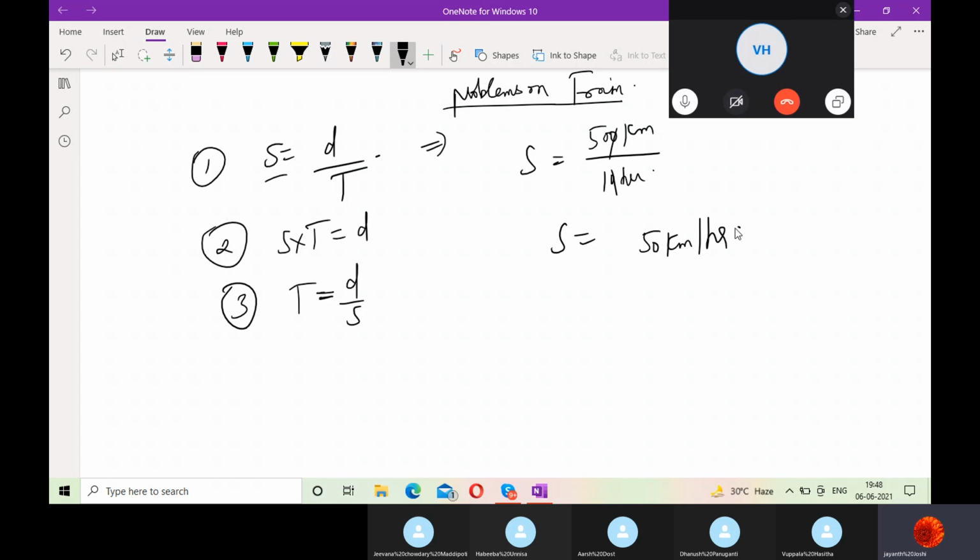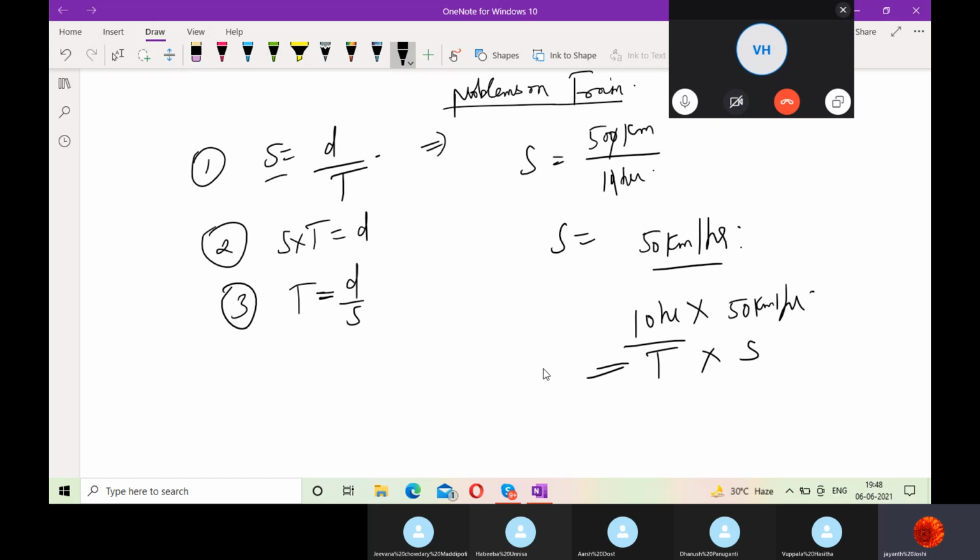50 kilometers per hour. How did you get this 50 kilometers per hour? If it takes me 10 hours to reach some destination, and I'm going with the speed of 50 kilometers per hour, so this is time, this is speed.